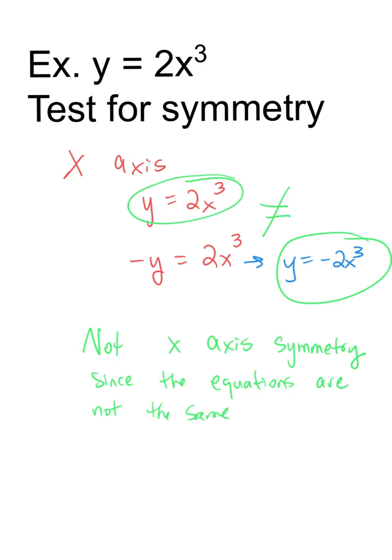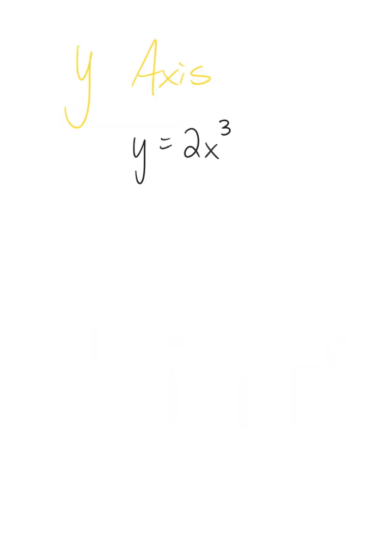Now we're going to take the same equation and try it for the y-axis. What I do for the y-axis is do that with the x value. Where I see an x, I'm now going to put a negative x in parentheses, and I'm going to see what happens in this math problem. When I simplify this, I end up with a negative 2x cubed, because negative x raised to the third power is negative x cubed, and multiplying that by 2 gives negative 2x cubed.